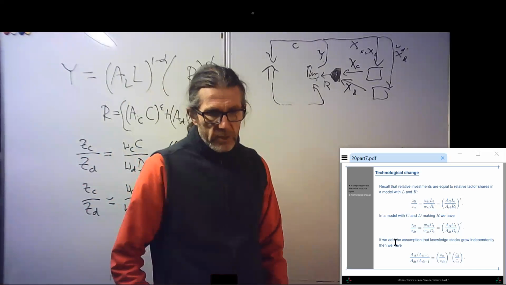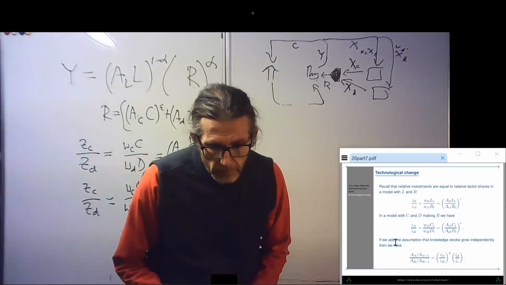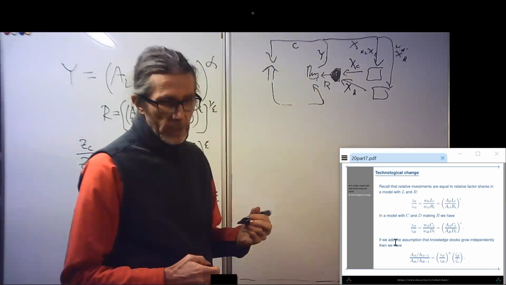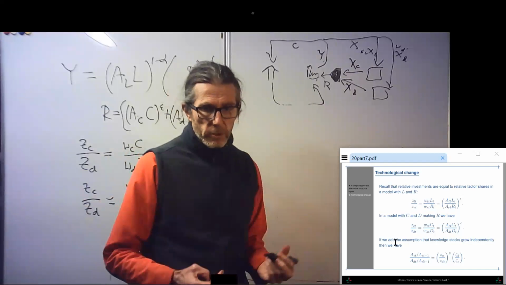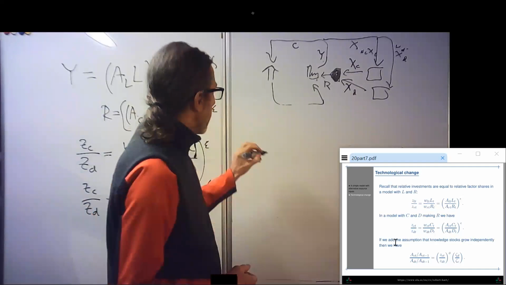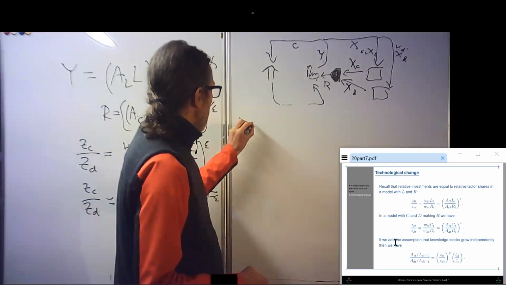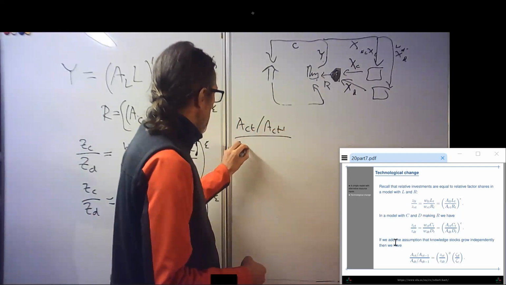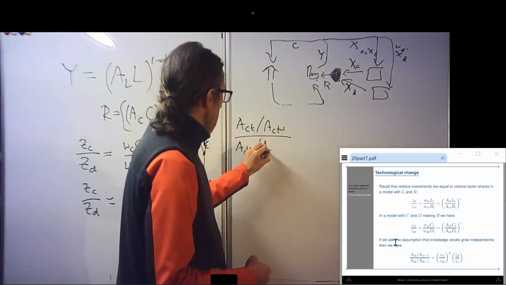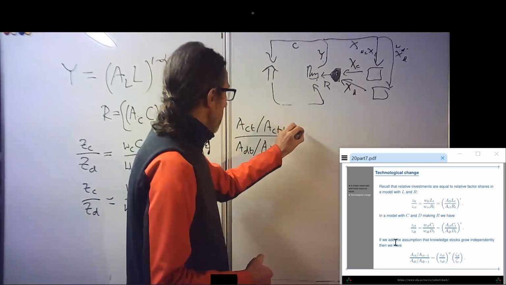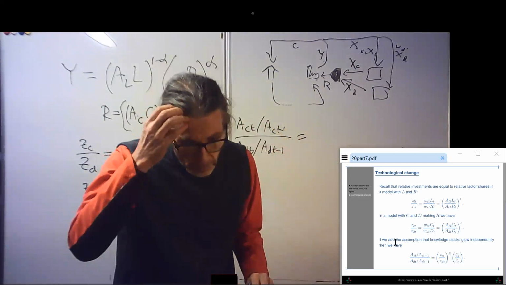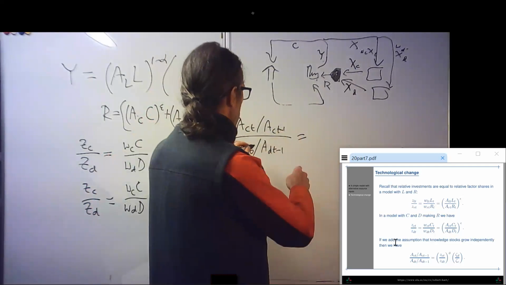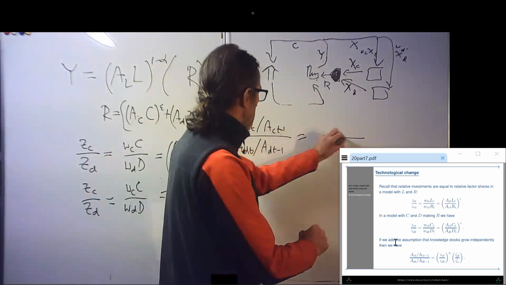To answer that question, we need the knowledge production functions. If we have knowledge production functions where the knowledge stocks grow independently of each other, then we might have, for instance, ACT over ACT minus 1 divided by ADT over ADT minus 1 equals... actually, let's just do one at a time.